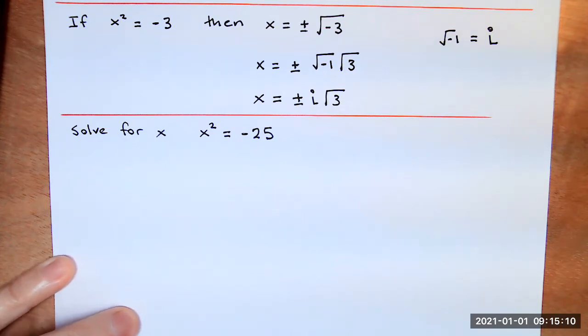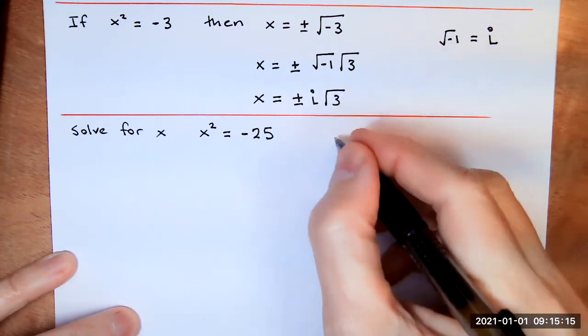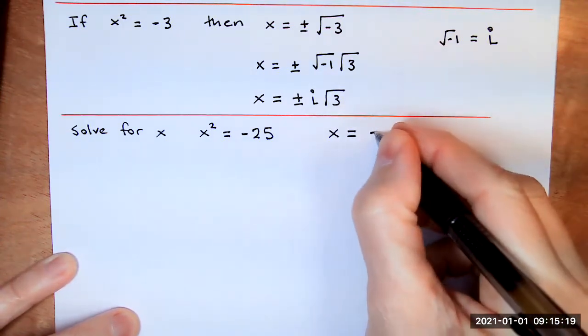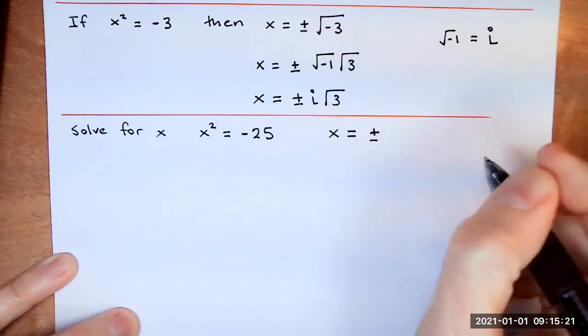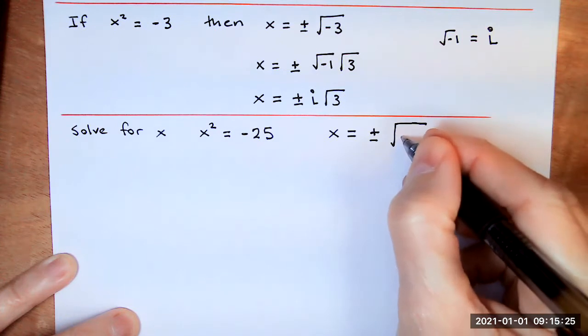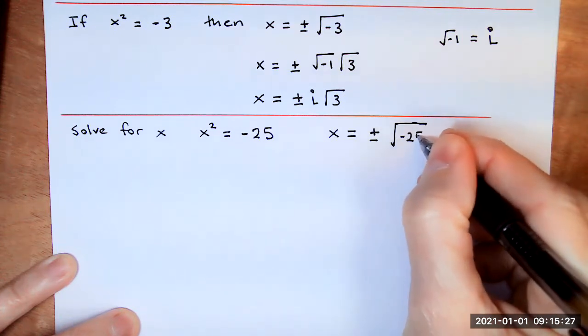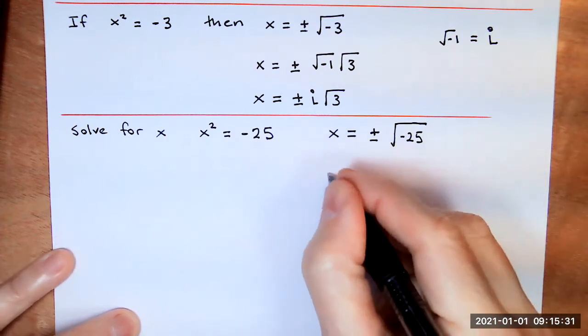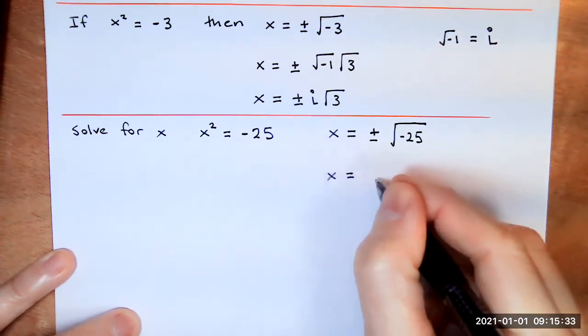All right, if x squared is negative 25, what would x be? Well, don't forget you get two answers, plus and minus the principal square root of negative 25. But it turns out that 25 is a perfect square.